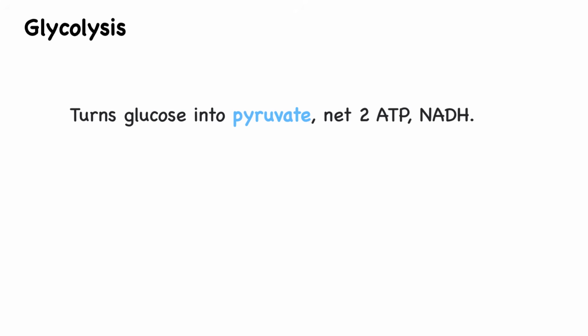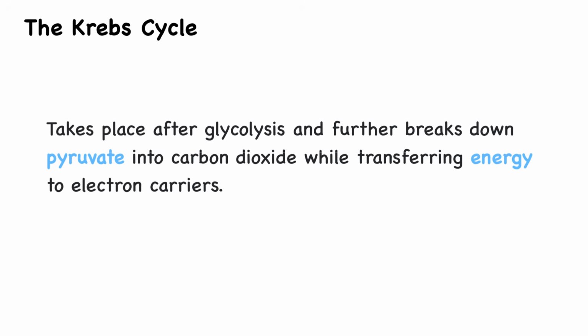Glycolysis is the first step in glucose breakdown, which occurs in the cytoplasm. This step does not require oxygen, and it turns glucose into pyruvate, netting 2 ATP and NADH. The Krebs cycle takes place after glycolysis and further breaks down pyruvate into carbon dioxide while transferring energy to electron carriers.